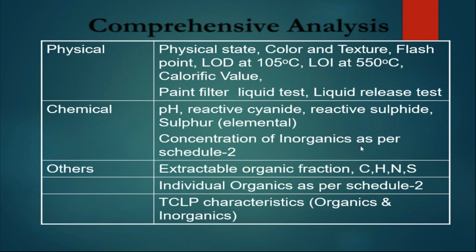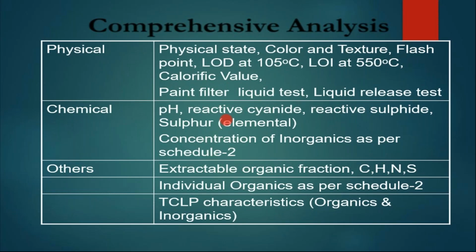So this is the comprehensive analysis, that is physical, chemical and other property checks. In the physical properties, the physical state, color and texture, flash point, LOD at 105 degrees Celsius, LOI at 550 degrees Celsius, calorific value, paint filter liquid test, liquid release test, etc. are included.